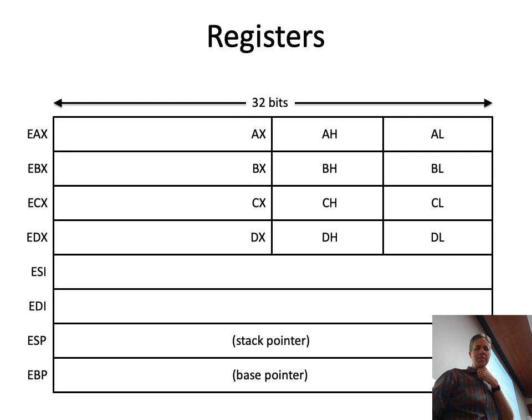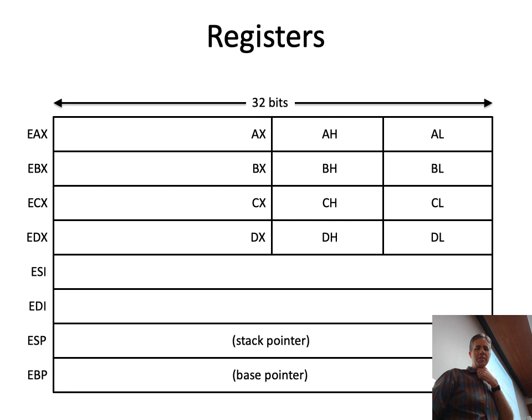We then have these 2 special registers, ESI and EDI. These you can't split apart. These are often used with string instructions because they hold the source and destination addresses when you're doing string copy instructions. There are then 2 special purpose pointers that maintain the stack. The stack pointer points to the current top of the stack, which is actually a low address.